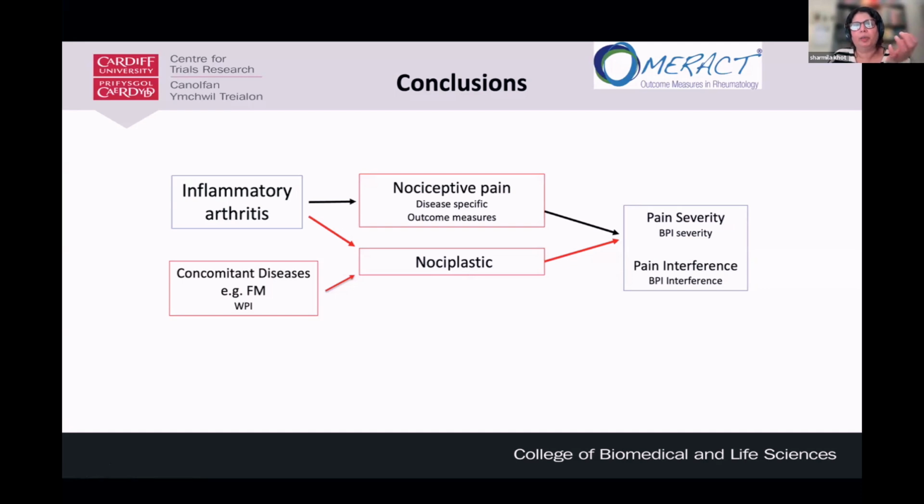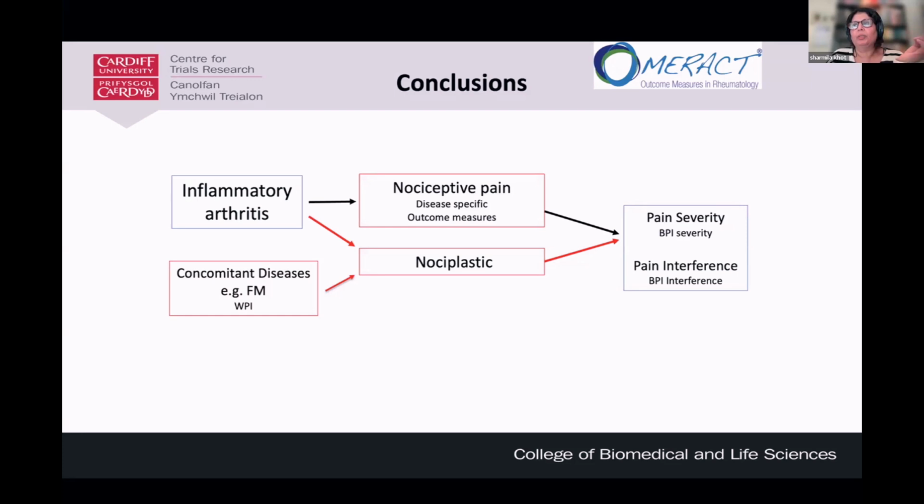We all know that secondary fibromyalgia has been well established as present in inflammatory arthropathies and has a direct impact on the measurements of both pain severity as well as pain interference, which are the commonly used pain measurement tools in trials of inflammatory arthropathy conditions.